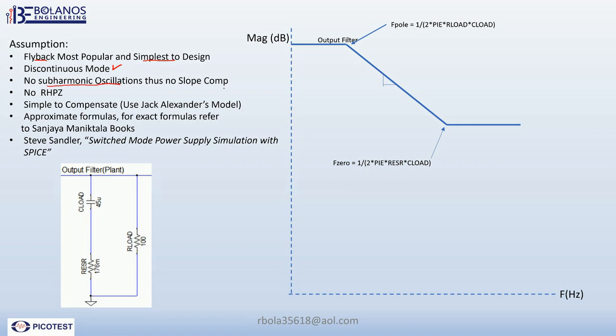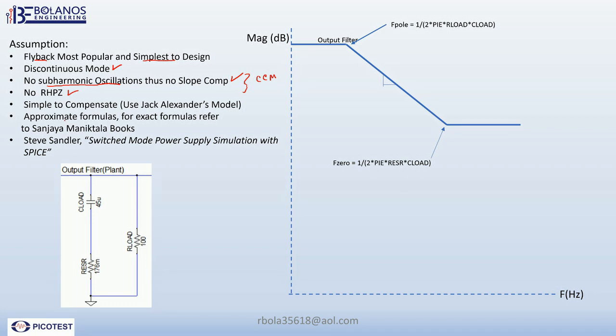If you don't have subharmonic oscillation, it means you don't have to add slope compensation. And because it's operating in discontinuous mode, you also don't have the right hand plane 0. If it was continuous mode, then you would have these two problems. If you decided to design a CCM, continuous conduction mode, you would have them, but because I'm using discontinuous, we don't have this problem.